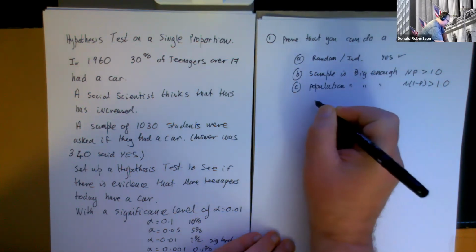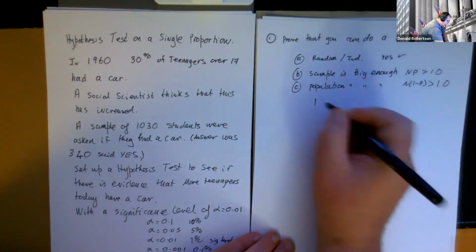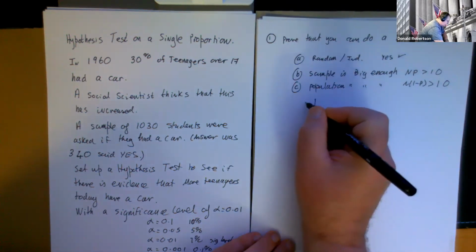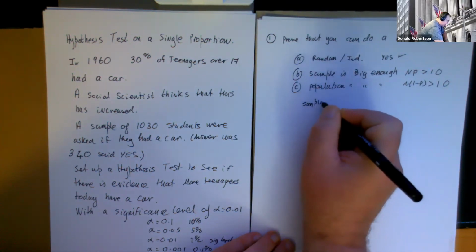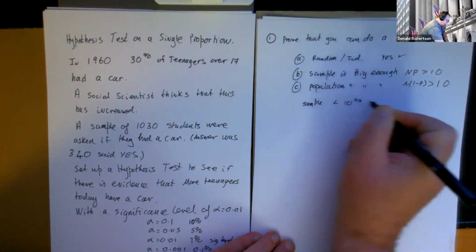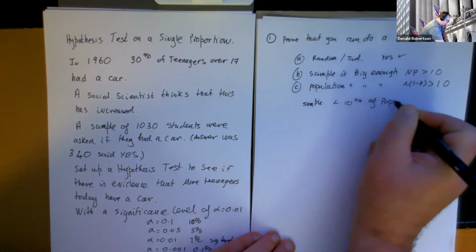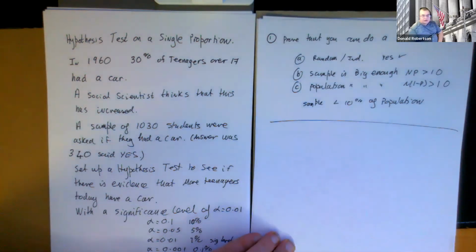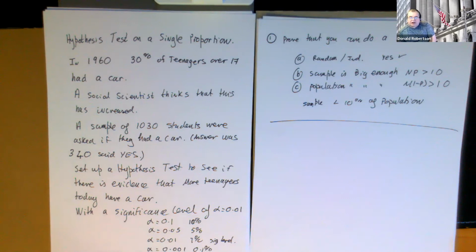You can phrase it 2 ways: the population is 10 times bigger than the sample, or the sample is less than 10% of the population. Technically, in every hypothesis test, you should be doing this check. If it fails on any of those, then you really shouldn't be doing a hypothesis test at all.